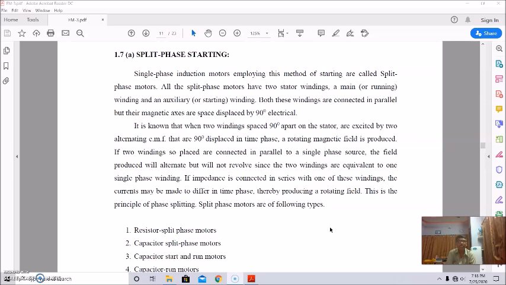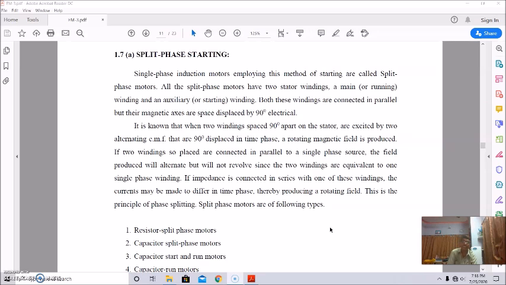Both these windings are connected in parallel, as we have told, and their magnetic axes are displaced by 90 degrees electrical. That is the very reason for split phasing.